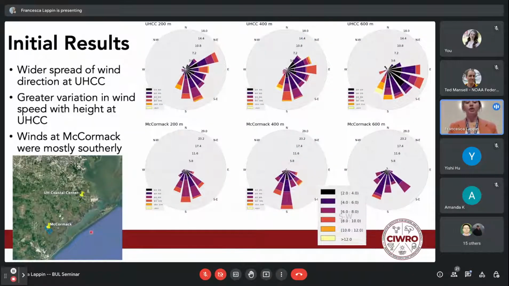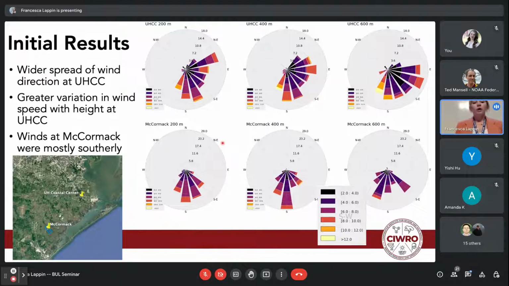So just a refresher on where they were. The coastal center sites are the top row, and then at McCormick, the bottom row. And then these are different flight levels, so 200, 400, and 600 meters. And the first thing you might notice is there's just a lot more spread in your wind direction at the coastal center compared to the McCormick site.